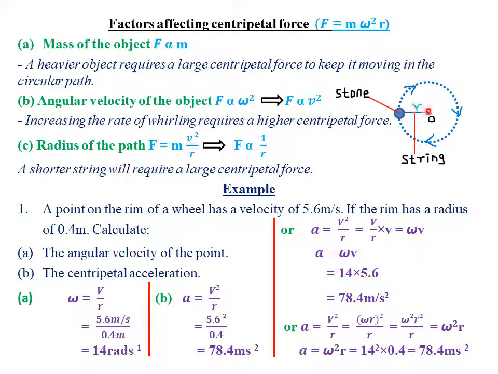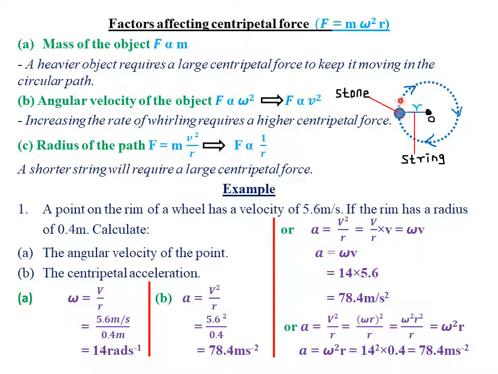To whirl is simply to rotate the object in a circular path, such as this one shown here. So the rate of whirling in this case corresponds to the angular velocity of the object. So the faster the speed with which you whirl that particular object, the larger the angular velocity. Therefore, increasing the rate of whirling requires a higher centripetal force.